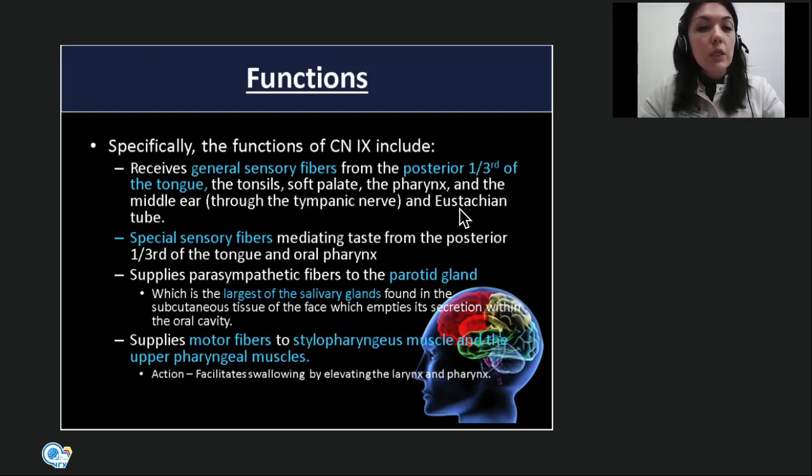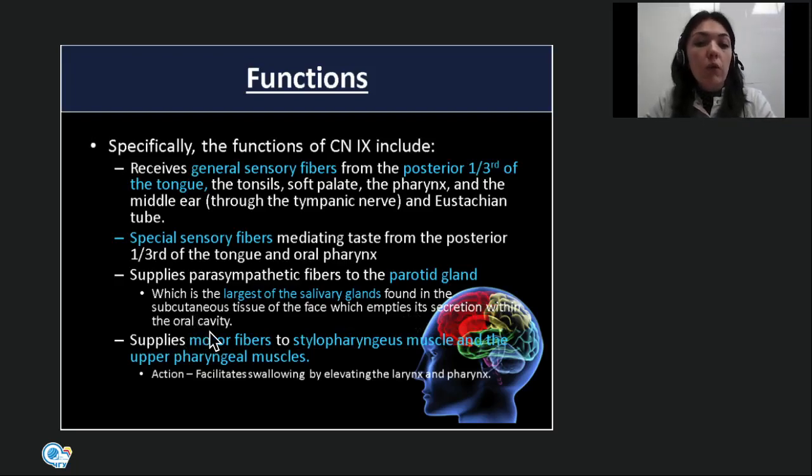It also receives special sensory fibers mediating taste from the posterior 1/3 of the tongue and oral pharynx. And it supplies parasympathetic fibers to the parotid gland, which is the largest of the salivary glands found in the subcutaneous tissue of the face, which empties its secretion within the oral cavity. Certainly you remember this. There was no need to remind you, sorry.